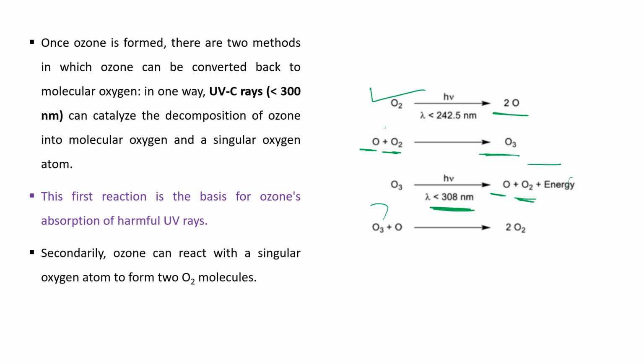Again, whatever ozone is present there reacts with the atomic oxygen and they form oxygen. So this way, initially the photolysis of oxygen started, and finally oxygen is produced again. This is a cyclic reaction continuously going on in the stratosphere, and these reactions are known as Chapman reactions.